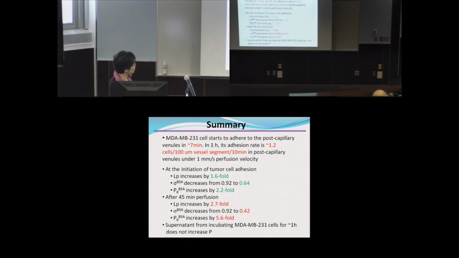And at the initiation of tumor cell adhesion, we see the increase in LP, reflection coefficient, and solute permeability, and after 45 minutes, they increase even more. But the supernatant from incubating this tumor cell for 1 hour does not increase the solute permeability.